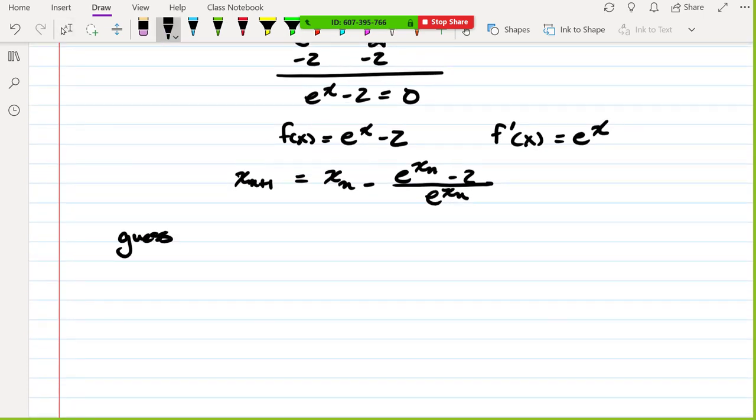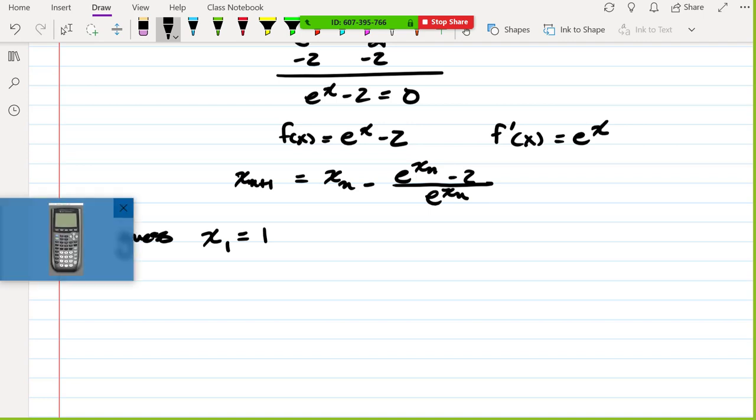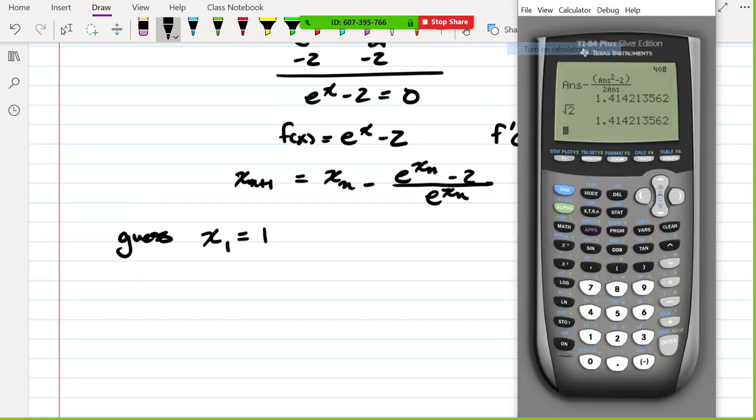So the natural logarithm of 2 is less than 1, so I'm just going to guess x equals 1. So that's going to be our answer. So I grab my calculator, and I put 1 in, and just press enter. And so now everywhere in my formula here where I see an x sub n, I am going to put answer.